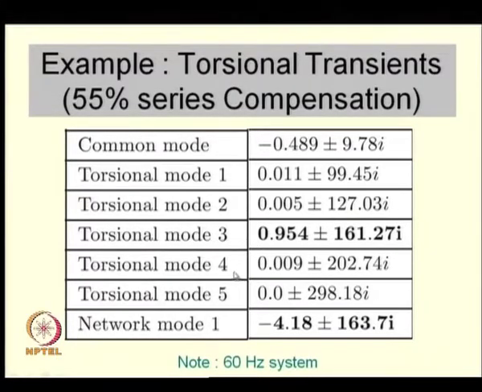So, in this case you should limit fixed series compensation in the form of fixed capacitors such that the network mode frequency is higher than this 202 radian per second. So, you can't have a very large XC. You can easily prove that this subsynchronous network mode frequency reduces.